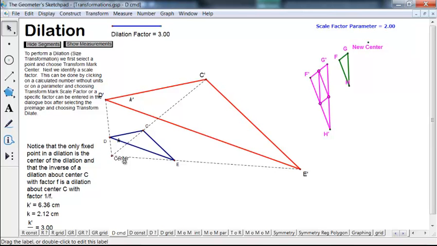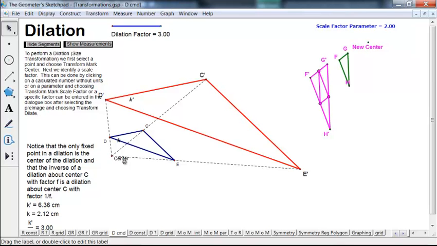In fact, all similarity transformations, all transformations that map a pre-image to a similar image, turn out to be the composition of a dilation with an isometry. You could do an isometry or a series of isometries first, and then a dilation at the end, and you can always get the similar figure that way.